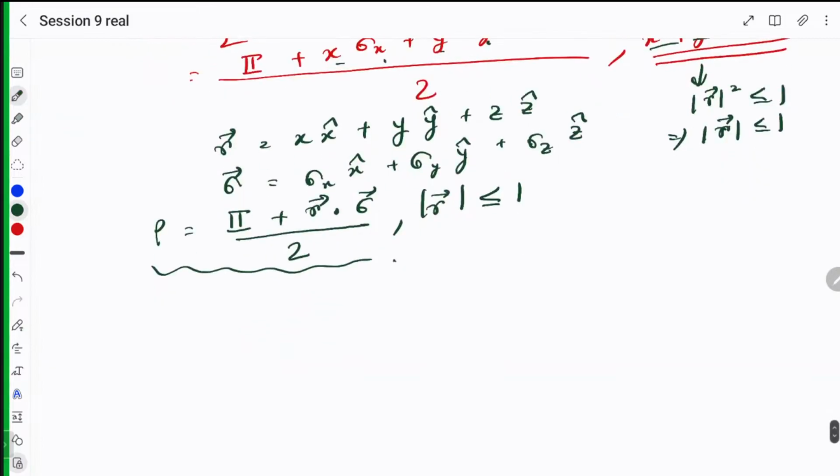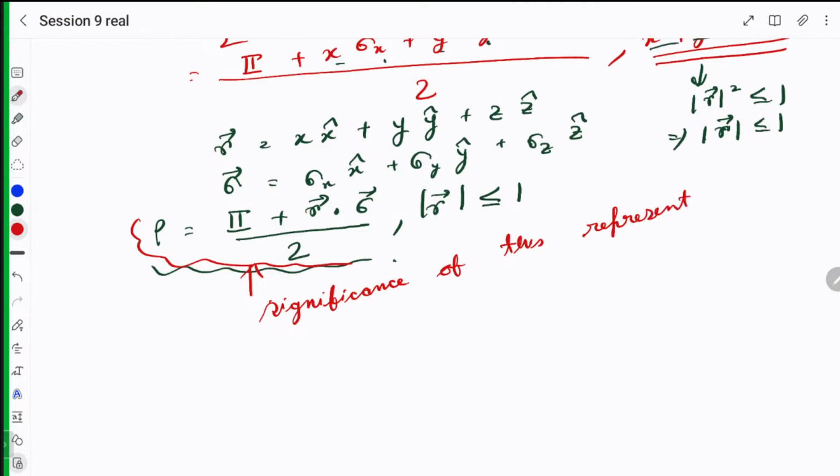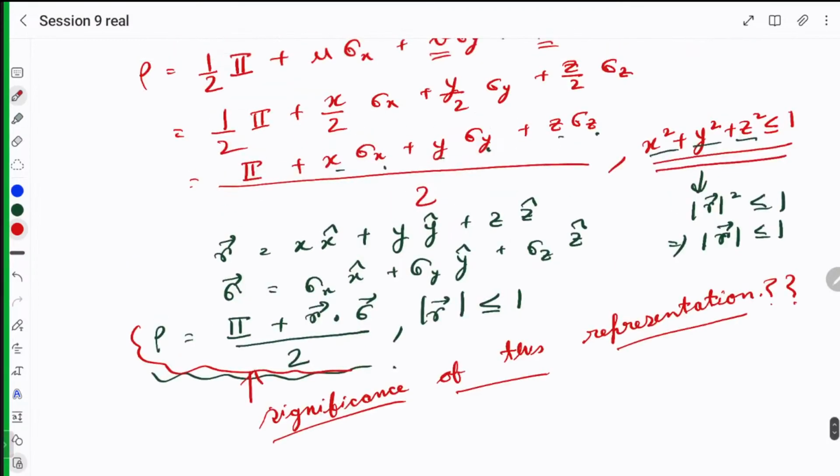So I would ask you to think about the significance of this representation. Please think about this, and if you have any questions, tell me.